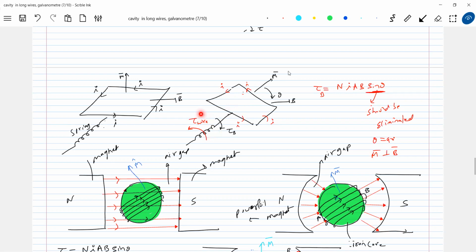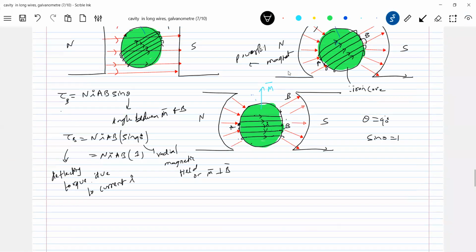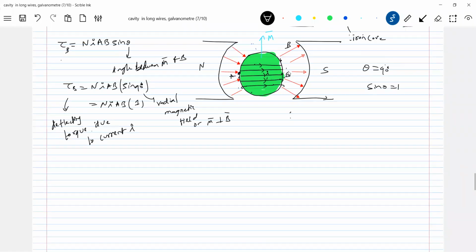So for that, I am now bringing a restoring torque. This is a deflecting torque. This is a restoring torque here. So when the loop starts rotating, when the deflecting torque is balanced by the restoring torque, I'll bring in couple per unit twist.